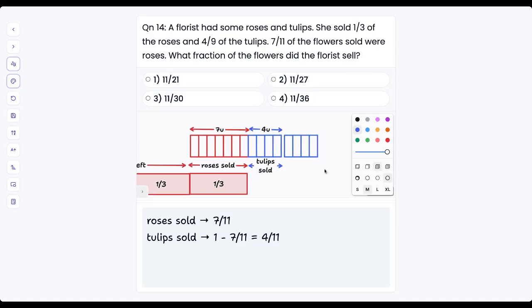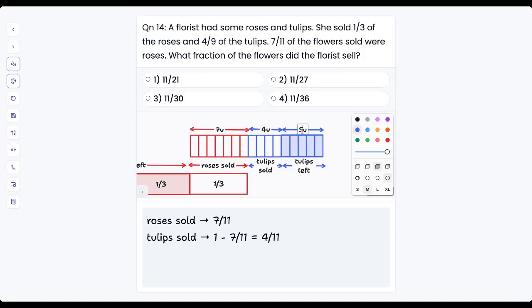So tulips sold, then this will be tulips not sold, tulips left. Which in this case is how many? 5 units.